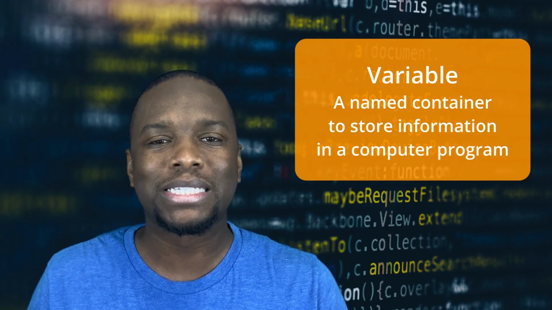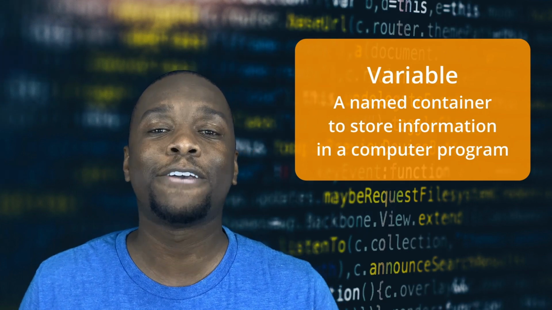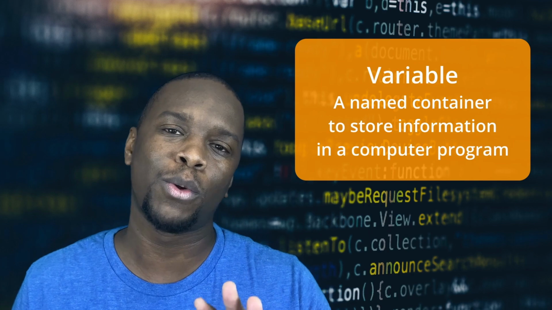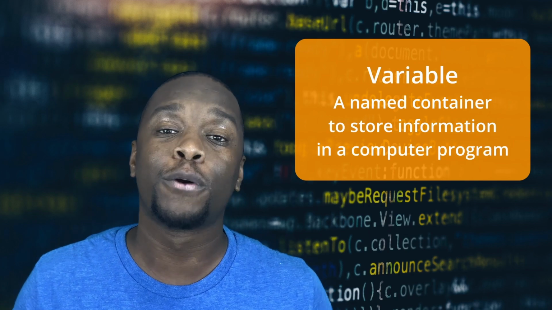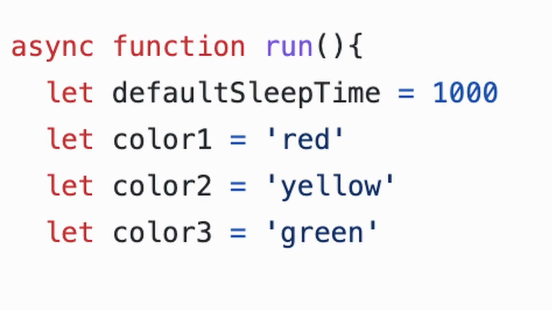You may have noticed in the exercise that we had different types of values that we were storing in our variables. For example, we have the default sleep time variable. In that named container, we stored a value that was a number, 1000. But notice the difference between the 1000 and then the red on the next line in the color1 variable. They're both values, but red is surrounded by quotation marks.